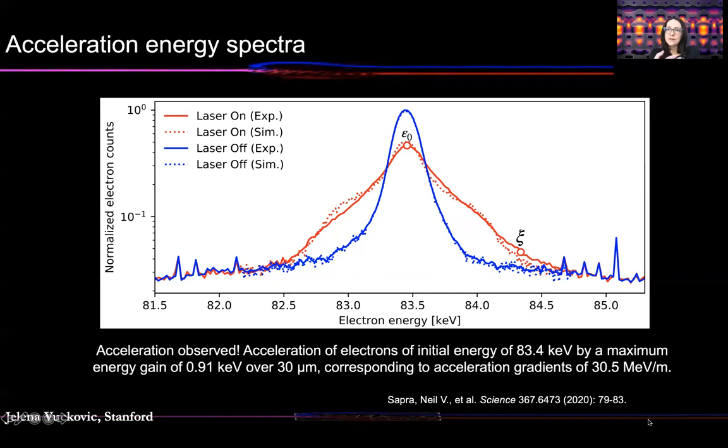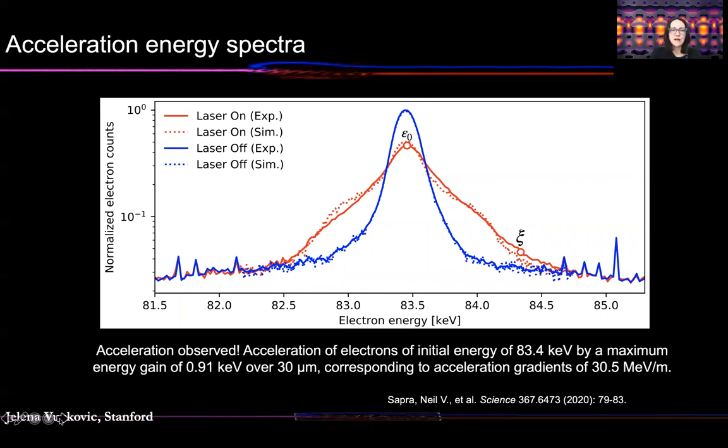And when you calculate gradient, when you divide that energy gain that you're getting per 30 micrometers of length, that corresponds to a gradient of 30.5 mega electron volts per meter. And that's comparable with state-of-the-art accelerators that are used for practical purposes.